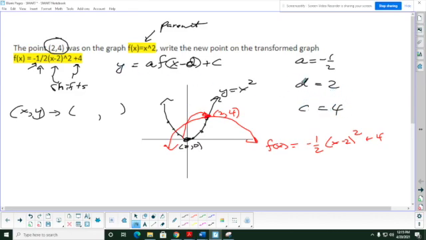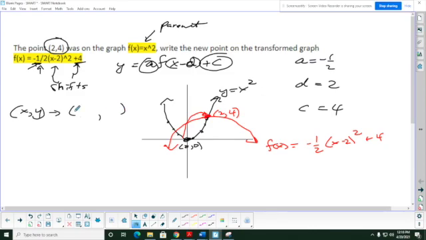The a and the c affect the y values. The c is a shift up or down, and the a is a reflection in the x-axis and a vertical compression.